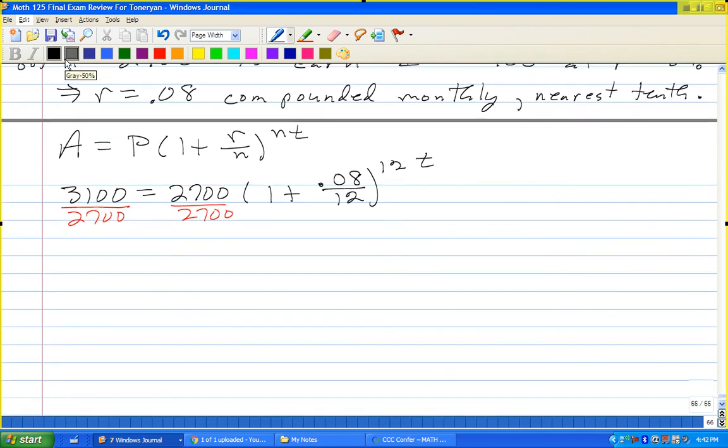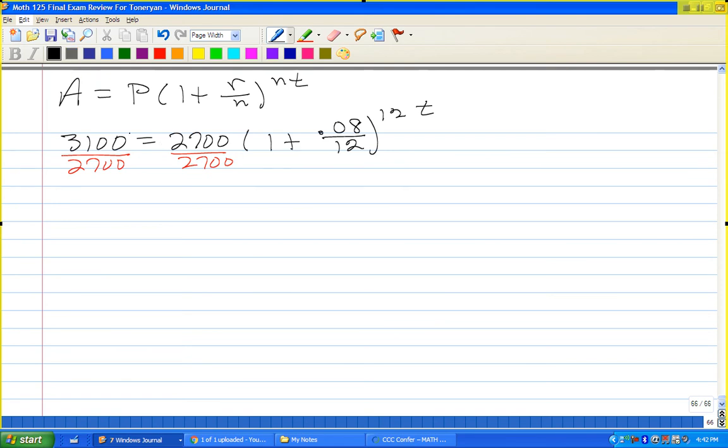So, well, I can divide both 3,100 and 2,700 by 100. So this is just 31 over 27 is equal to 1 plus. I can divide 0.08 divided by 12.